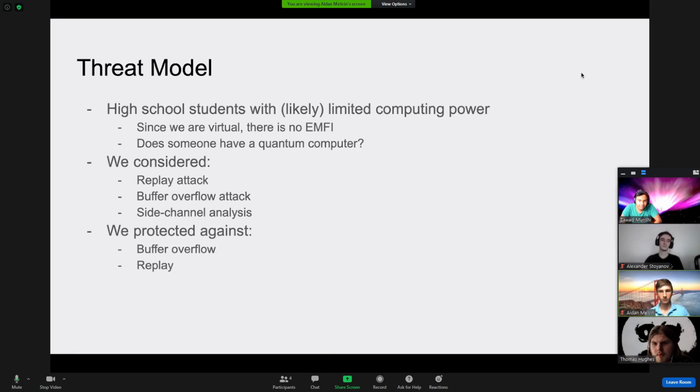I personally don't, so we thought that's probably something we can consider to be safe. We're virtual this year, so we didn't have to worry that much about hardware level attacks. We did consider that we could be vulnerable to a replay attack, a buffer overflow attack, and a side channel analysis attack. We specifically did design against buffer overflows and replay attacks.